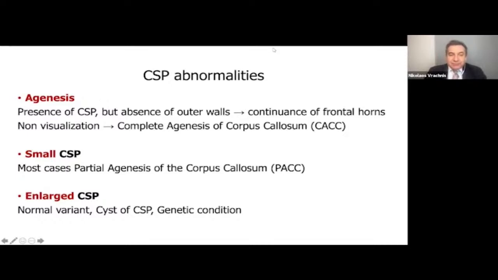If we have a small CSP, this is part of cases of partial agenesis of the corpus callosum and not a complete agenesis of the corpus callosum. While if we have an enlarged cavum septum pellucidum, a large CSP, this can be a normal variant. There may be a cyst of the CSP, or a genetic condition may be underlying.